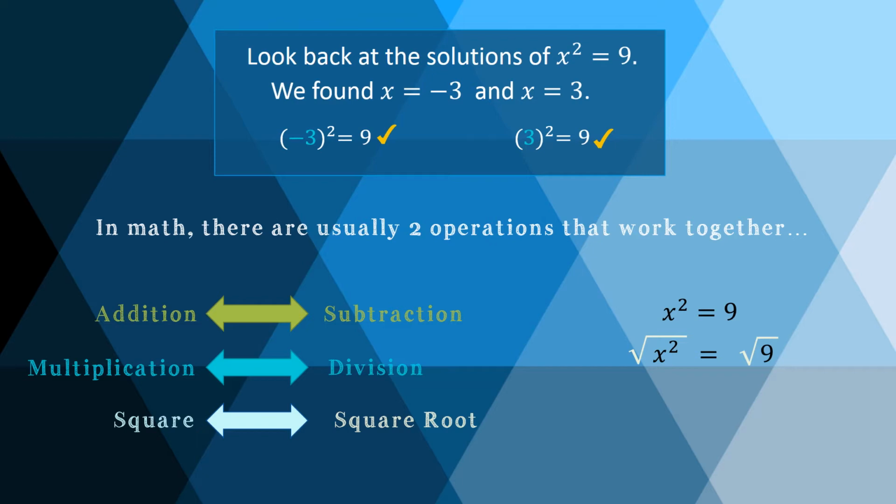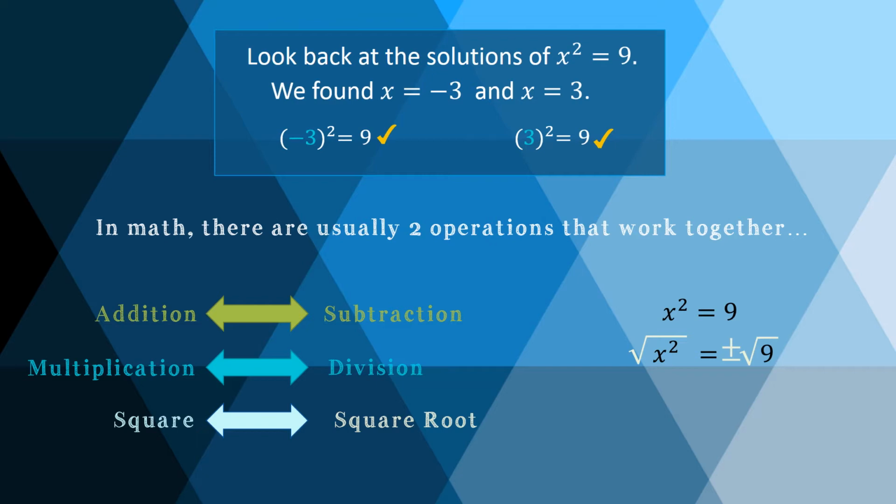But as it stands, x squared means some number times itself gives me a 9. And it turns out there's actually two possibilities. So we have to include the positive and the negative version. So I include this plus or minus sign.